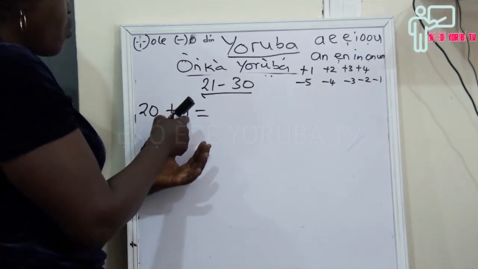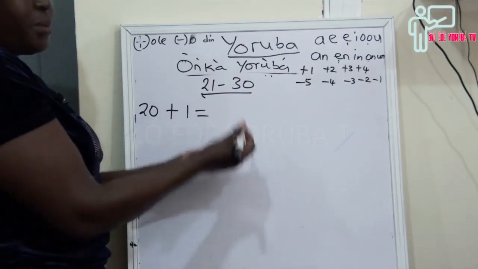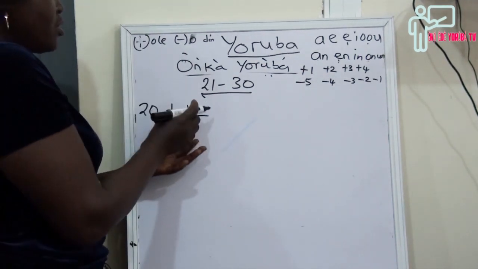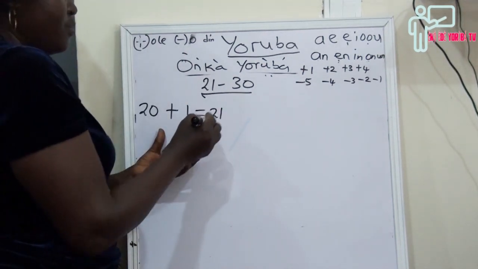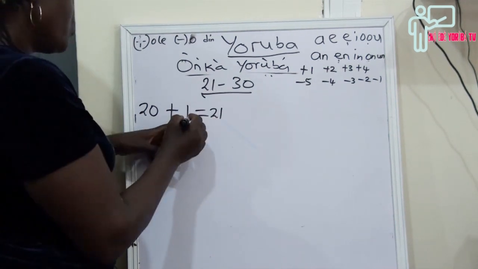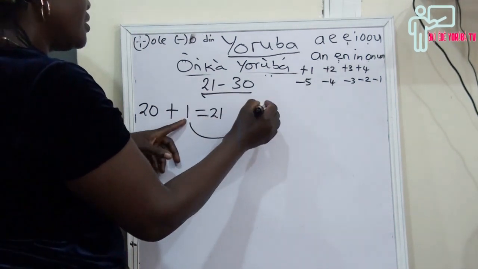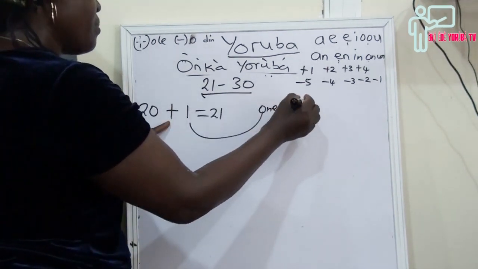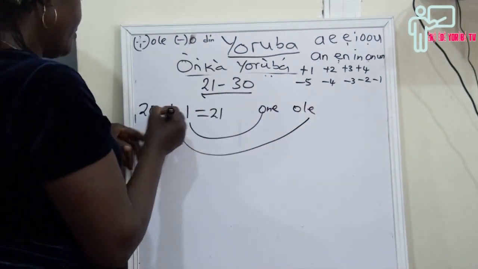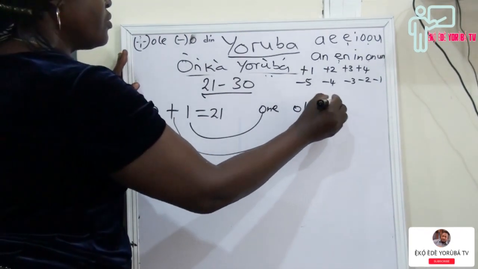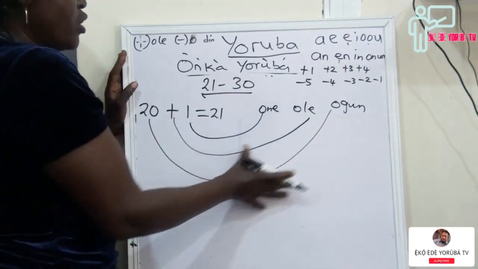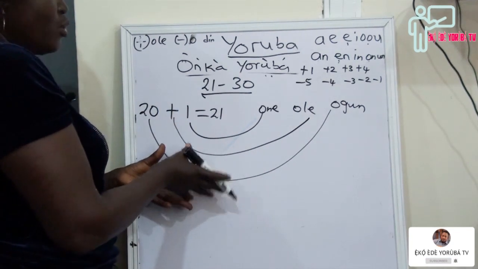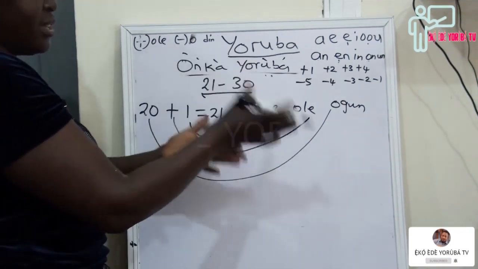So if this one is 20 plus 1, like before, I've said that you count from the back to the front. So this one is 21 now. It will now be 1, which is ọ̀kan, and this one, ogún. I don't want to draw again. So that is how we are going to be reading it now.